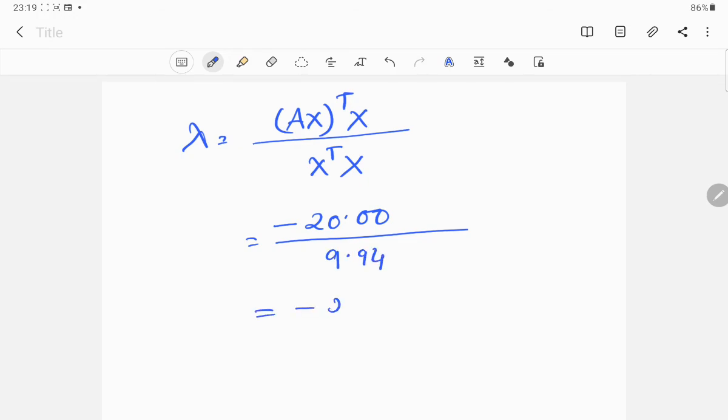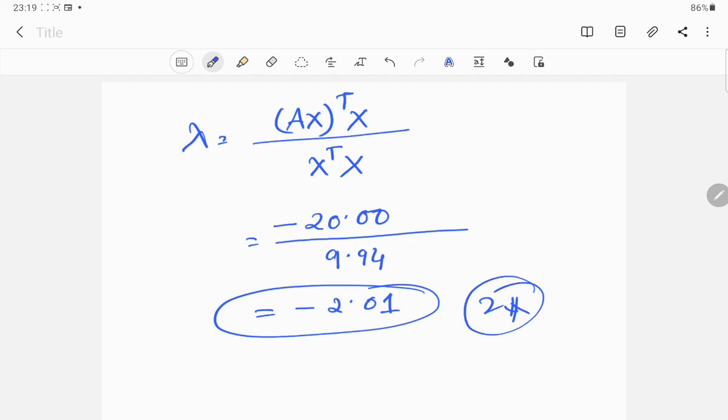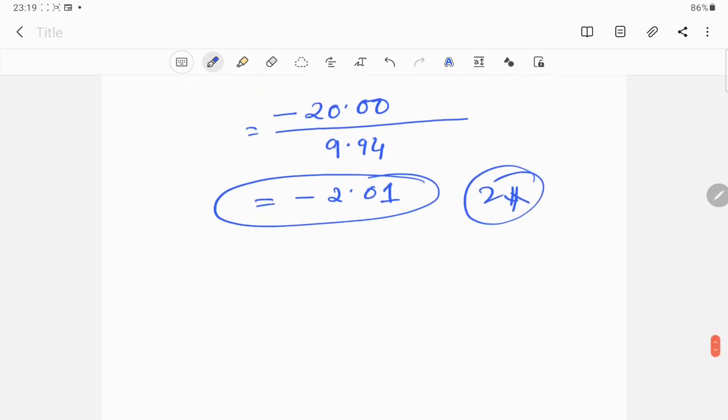So it will almost be equal to minus 2.01. If you remember from the characteristic equation in the last video, the dominant eigenvalue was approximately 2. So almost we have proven that we are getting the same answer.